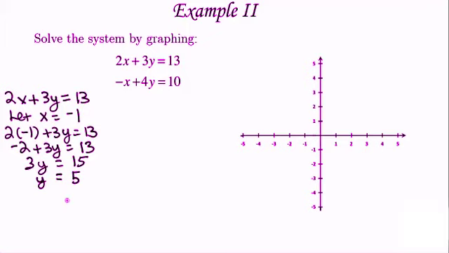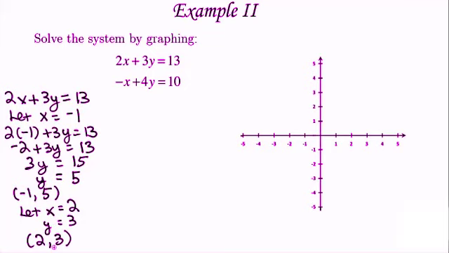I have x equals negative 1 and y equals 5. For my second point, I'm going to let x equal 2. If I substitute 2 in up here and work out the math, I'll find that y equals 3. So my second point is x equals 2 and y equals 3.